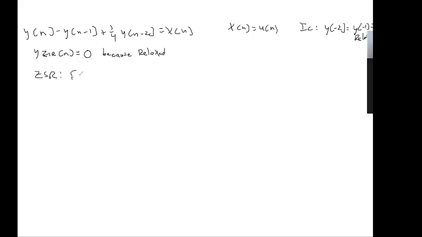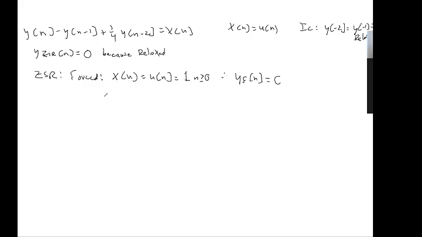So typically we would go after the forced response first. And we look at our input signal. Our x of n is a unit step, which is equal to 1 for n greater than or equal to 0. So we'll look that up in the table, and we would find that the forced response then is also a constant, some unknown constant c.